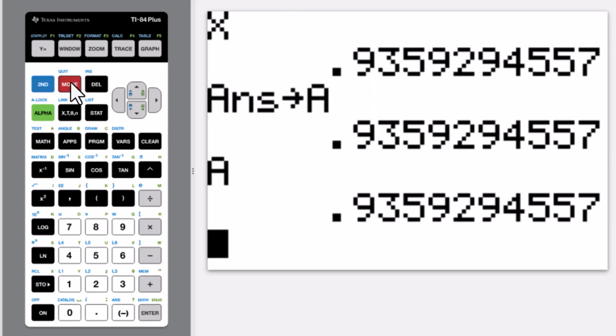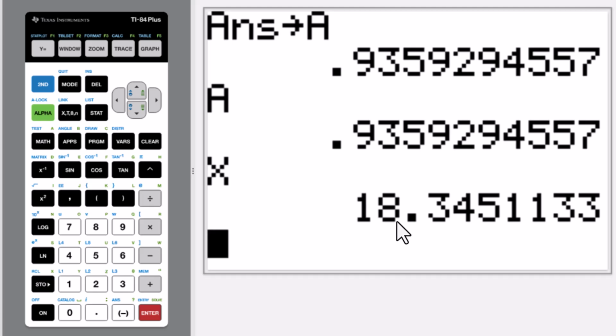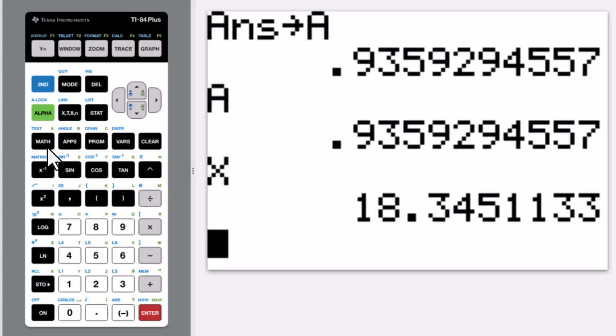TI-84. Press X, enter. You know this is the value for R. Store this value to B. Enter.